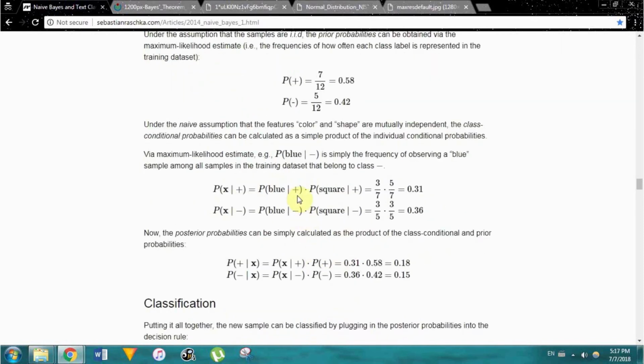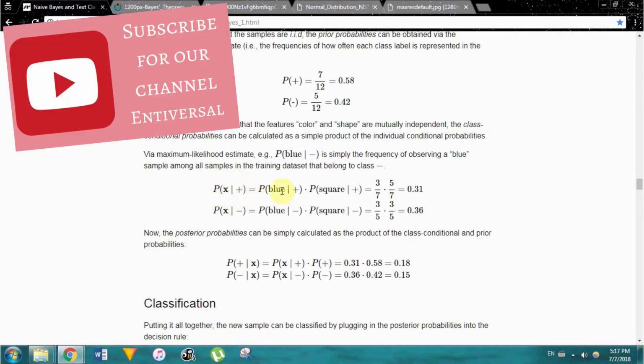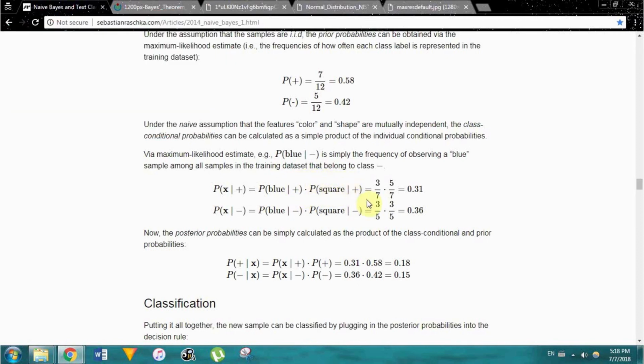How can we calculate the class-conditional probabilities? Well, again, through maximum likelihood, okay? The probability of observing this particular pattern given the class plus is the probability of observing the blue feature given the plus class multiplied by the probability of observing a square given again the plus class.